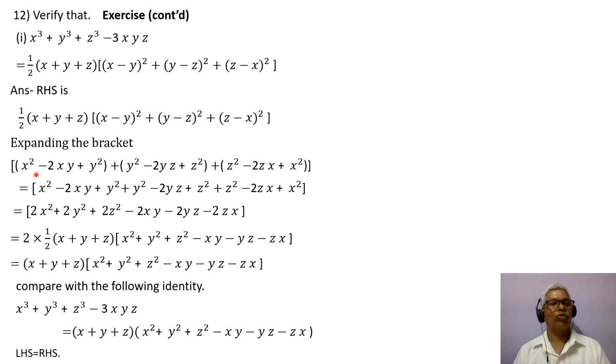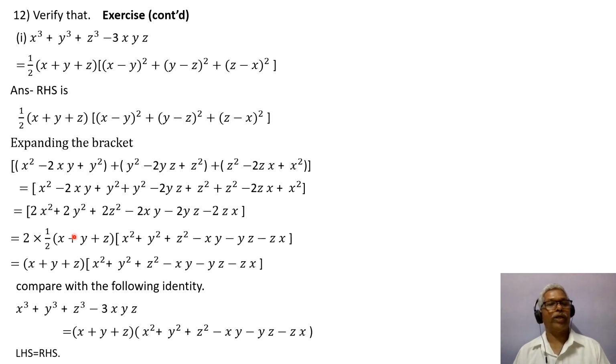This is x² − 2xy + y² + y² − 2yz + z² + z² − 2zx + x². Okay, and now we can drop these brackets. So x² − 2xy + y² − 2yz + z² + z² − 2zx + x². Then we can count.